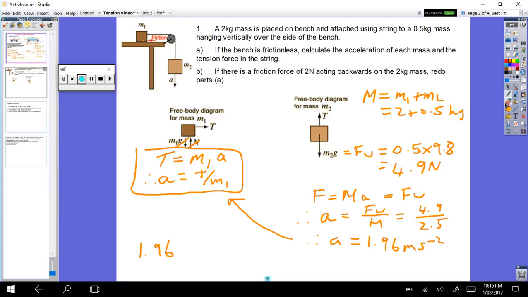Actually, we can just go to the top part of this equation and say that tension equals m1, which is 2, times acceleration, which is 1.96 meters per second squared, and we get an answer of 3.92 newtons. So that's given us all of part A: the acceleration of each mass and the tension force in the string.